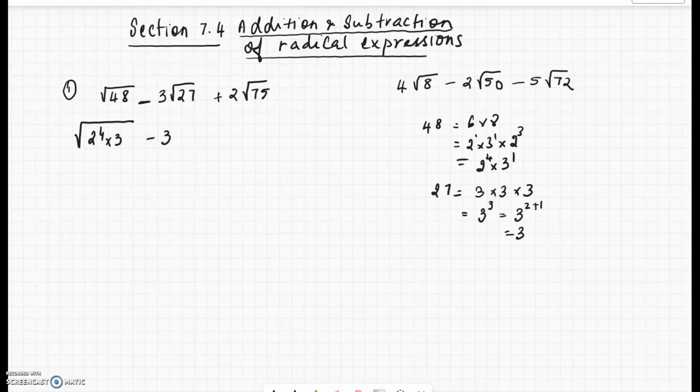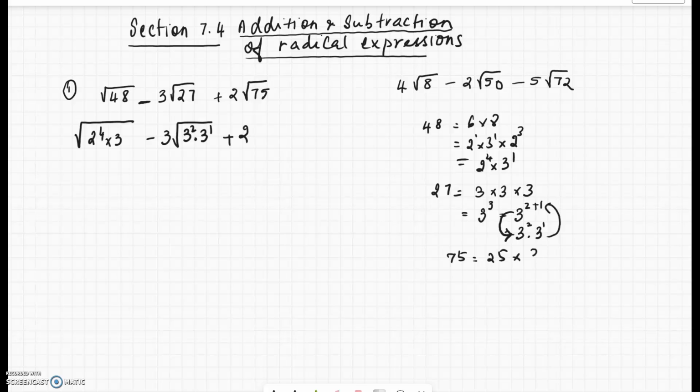I can write this as 3 squared times 3 to the 1 when you go backwards. Remember the rule that we've been using throughout the semester: 3 squared times 3 to the 1 is 3 to the 2 plus 1. We're just using the same equation. So this is 3 times 3 squared times 3 to the 1 plus 2.